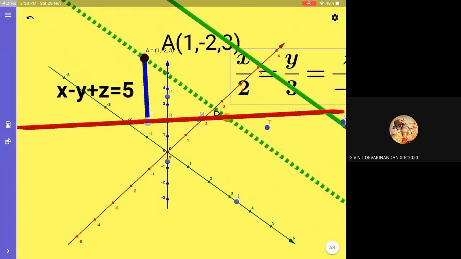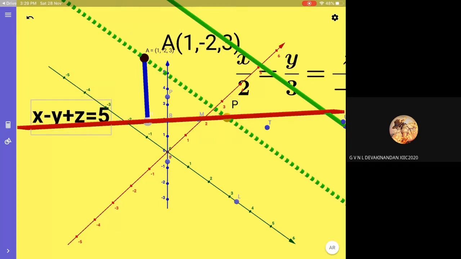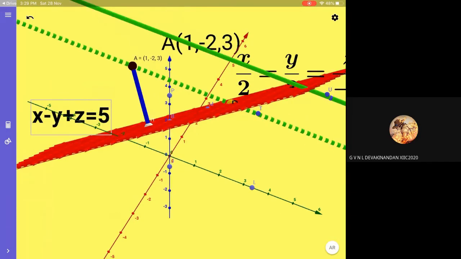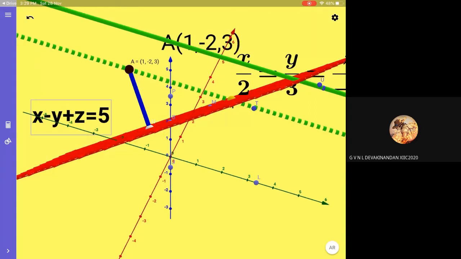So find the equation of AP, and take any point on the line in terms of lambda, and assume that point is the coordinates of P. To find lambda, P satisfies the equation of the plane, because P is a point on the plane. Okay, this yellow color point on the plane. So P satisfies the equation of the plane, you get the value of lambda, and substituting the value of lambda in the coordinates of P, you will get the point P.